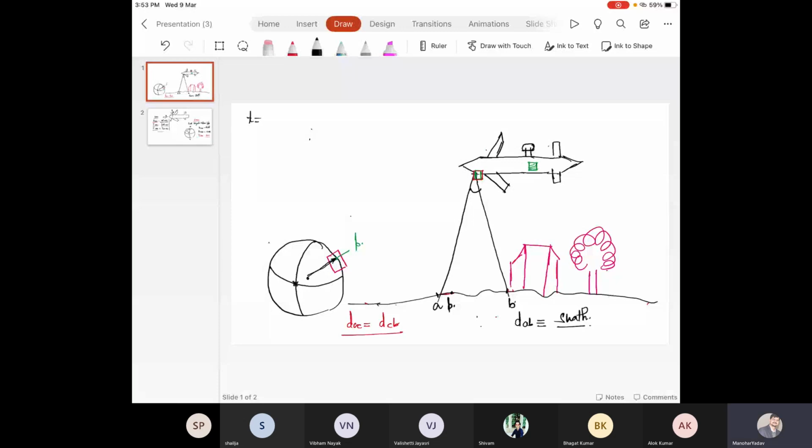At time T equal to T1, the laser beam is fired. And if you see the coordinate system of the instrument reference system, it is like that.